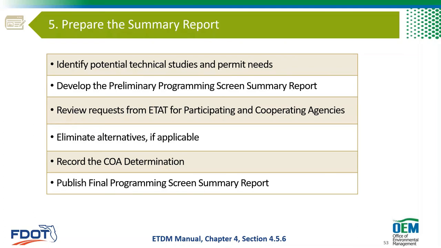Sometimes the ETAT will actually recommend certain things or let you know of specific permit needs. And at this point, you're developing the preliminary programming screen. Notice that there are actually 2 points for the summary report in the programming phase. The preliminary one has the results of the ETAT.